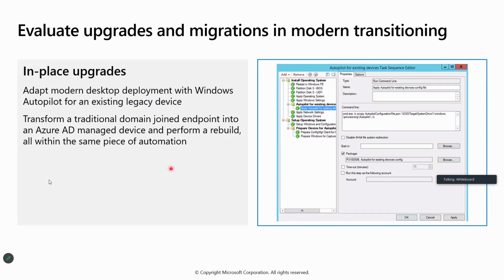And from there, Autopilot can go and do the rest. That's transforming a traditional domain joined endpoint into an Azure AD managed device. Performs a rebuild all within the same piece of automation. So that's in the newer version of Config Manager. We can do that. That's pretty much done after that, because from that point, the user takes over.